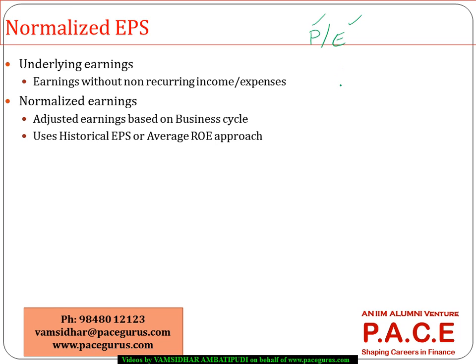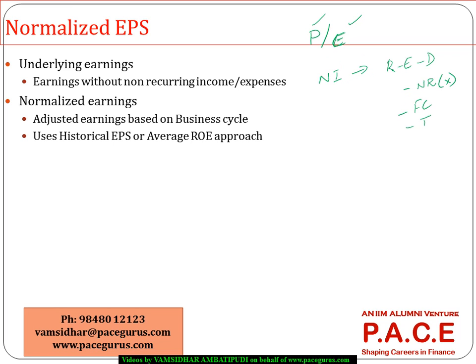But this earnings, which is a net income, will be coming after revenues minus expenses minus depreciation, probably minus non-recurring or extraordinary kind of items also, and minus the financing cost minus the taxes. All these things put together is what is arriving at the net income.